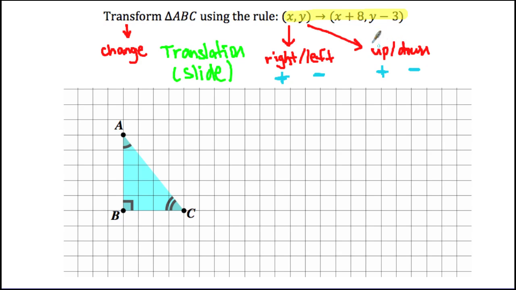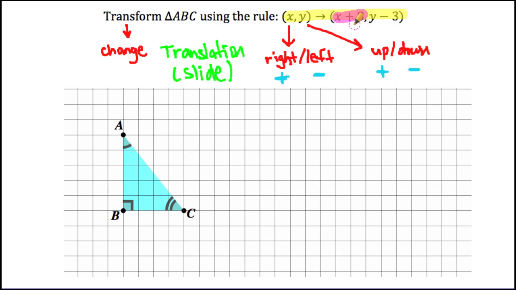So we can use this key to unlock what's going on in the rest of the rule. The first part of the rule, which I'll highlight in another color, is the x plus 8. Remember x refers to right and left, and because there's a plus sign, it's telling us to slide this object to the right 8 spaces.